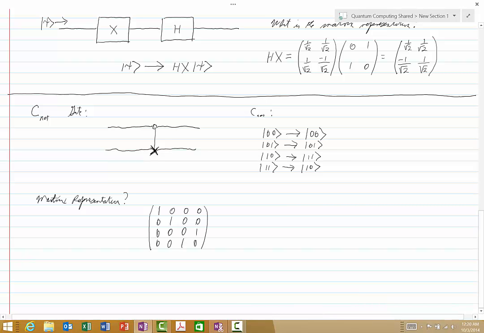To understand how this is used, let's look at the following problem.